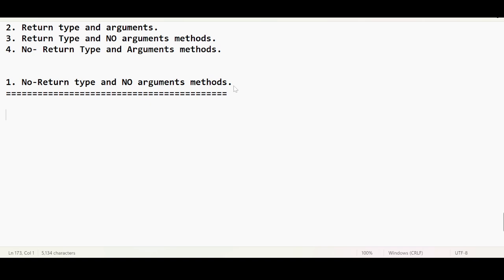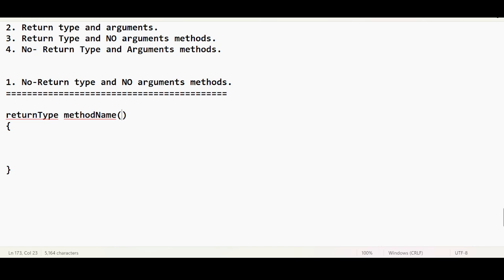You use the return type, followed by the method name, and then the opening and closing parentheses, which is where you will pass the arguments.